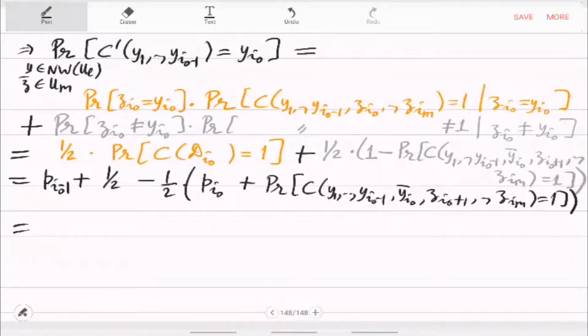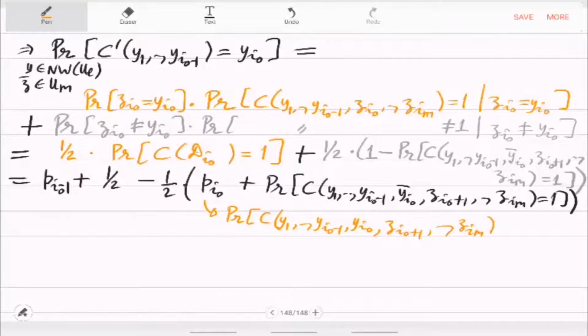So, that is by definition di0. So, if you look at this, this is the probability of C with y1 to yi0 minus 1, yi0, and then z's.